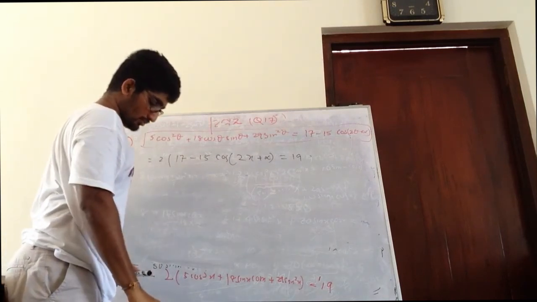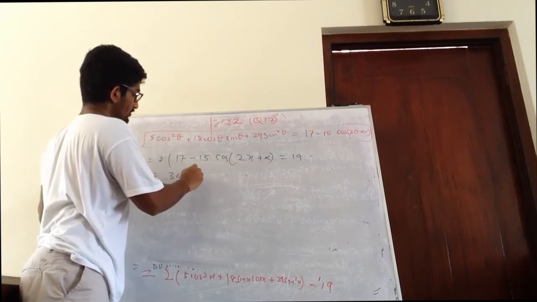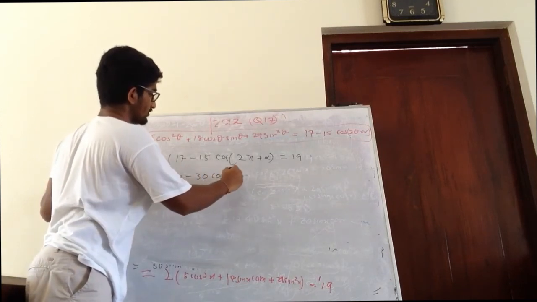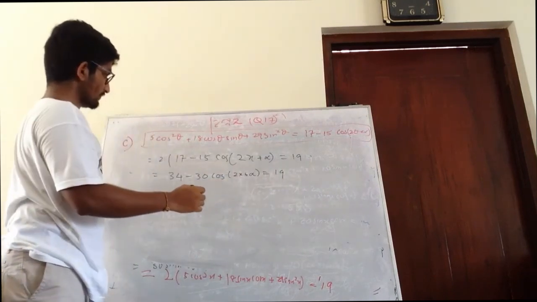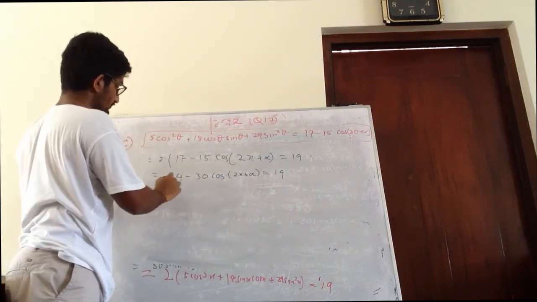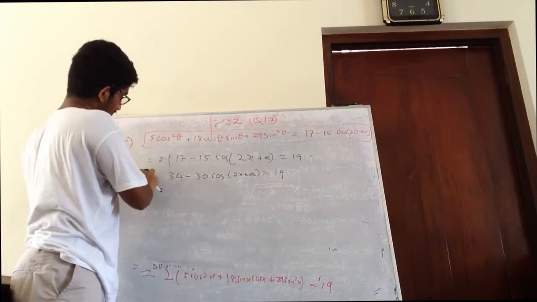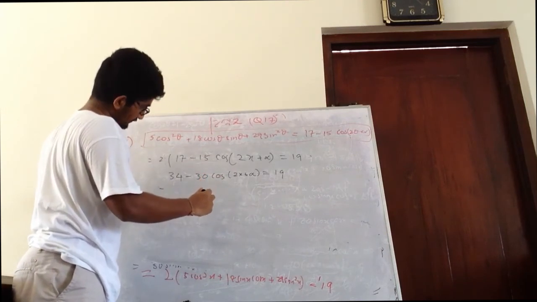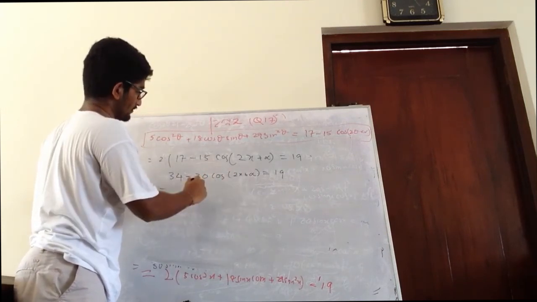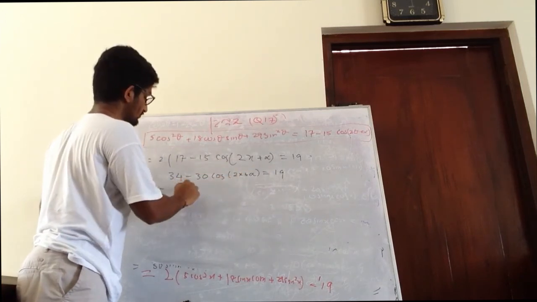Okay. So now this is 34 minus 30 cos (2x plus alpha) equals 19. Then I'll get 34 minus 19, which is 15.